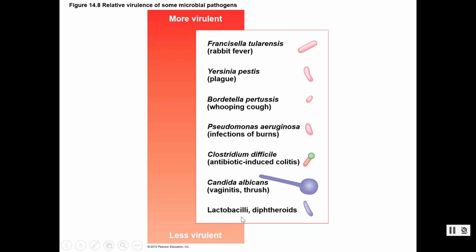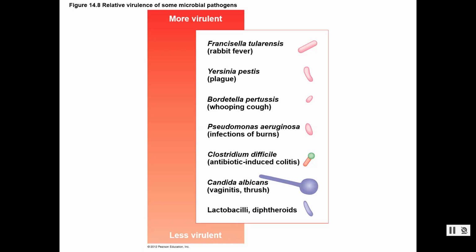Well, down here at the very bottom, the things that are less virulent are things that we already know that we carry, that are part of our normal microbiota, our normal microbiome. Candida albicans, this is yeast. We carry some yeast. In the female vaginal region, there will be some yeast. We may have some other things. Now, if that yeast overgrows, if conditions are right, this normal part of our microbiome can become an opportunistic pathogen.